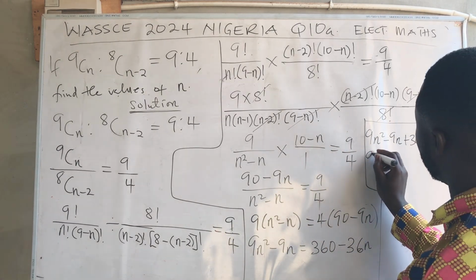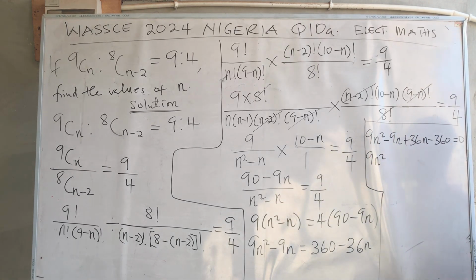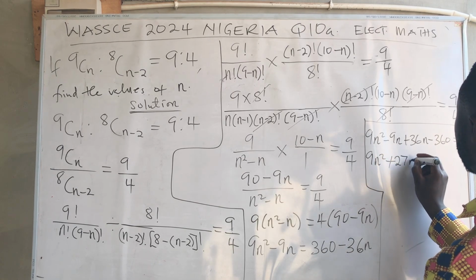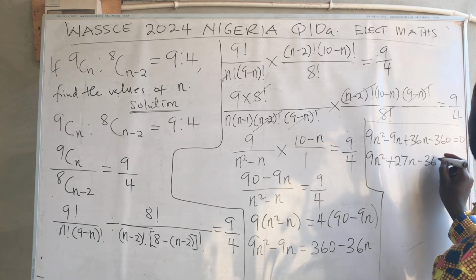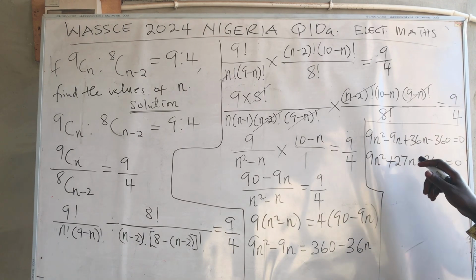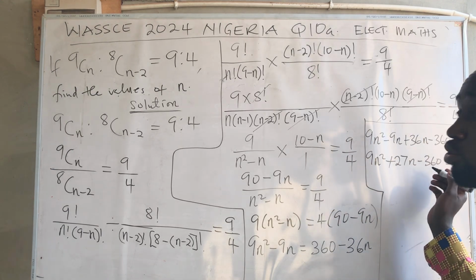So we will have 9n square minus 9 plus 36 will give us positive 27n minus 360 to be equal to 0. I believe we can reduce this because 9 is a factor of 9, 9 is a factor of 27, and 9 is a factor of 360. So we can divide through by 9.